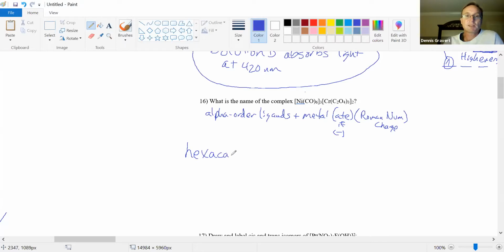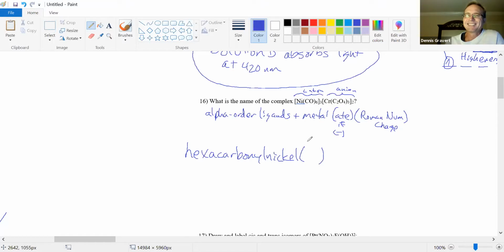So hexacarbonyl. And then it's nickel. The first thing is going to be the cation. The second one's going to be the anion. The second one needs the -ate ending. So I just need the charge.